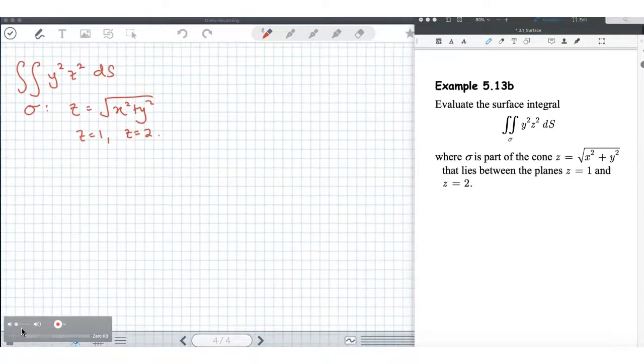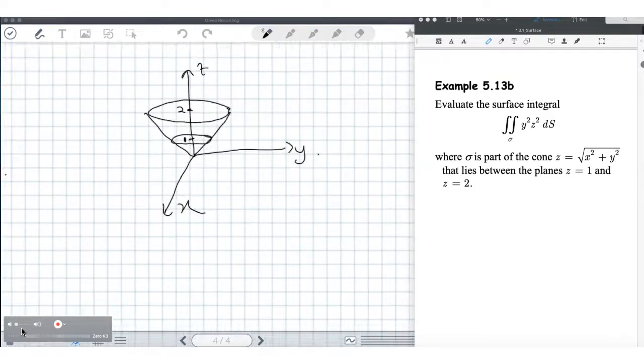So when you sketch that, let's say this is z, x and y. So this one is equal to 2 and this one is equal to 1.